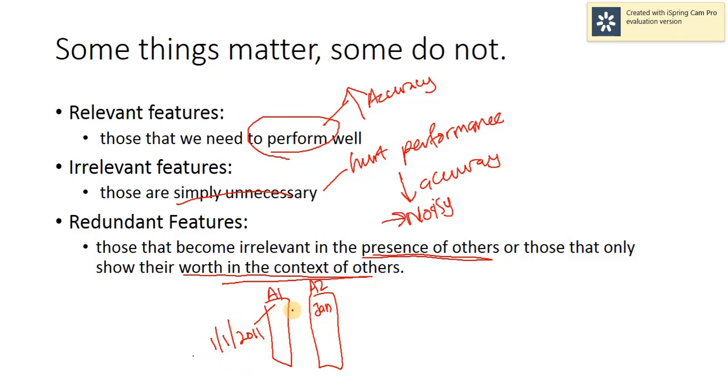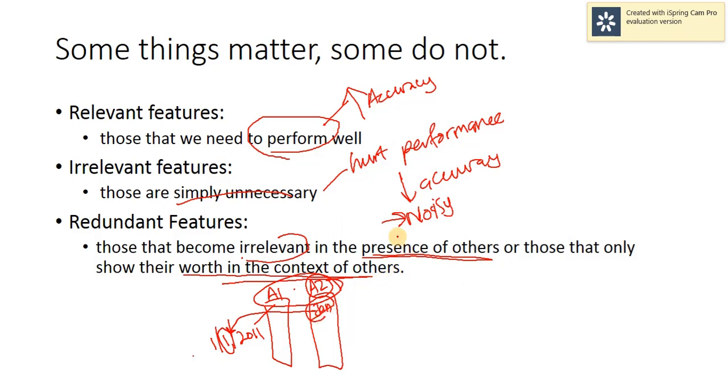So these two features are actually redundant, because A2 is irrelevant in the presence of A1. It is the same thing: we know that from here it is January and this is January as well.